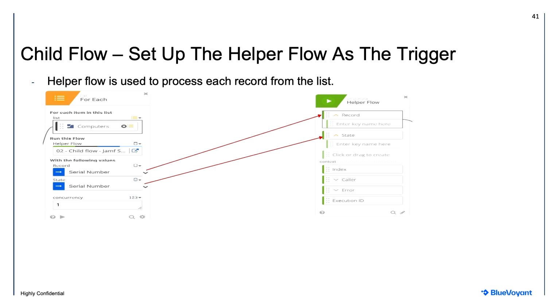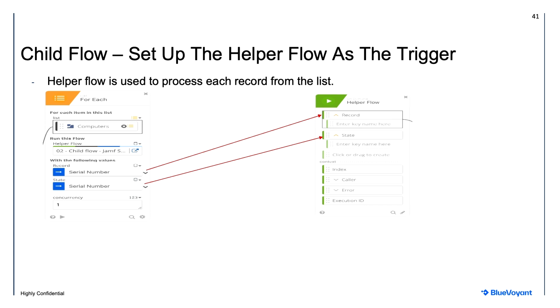And under that new process, you would select helper flow and establish the record and state objects, because we put them under the record and state fields already within Okta. So what we're essentially telling this card to do is grab every single serial number and one at a time run these actions.